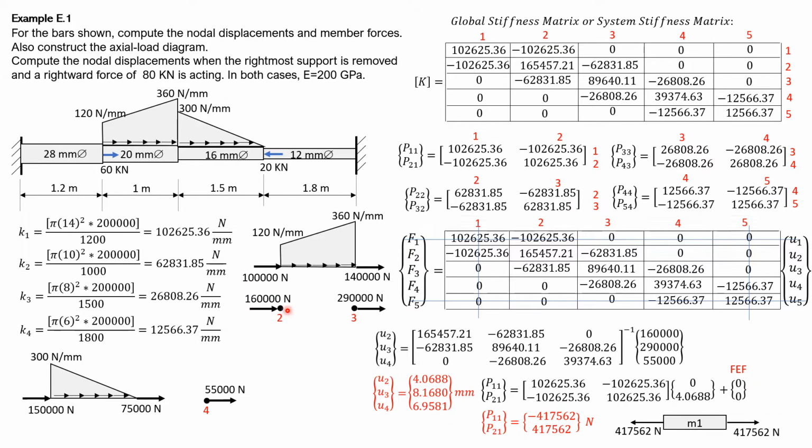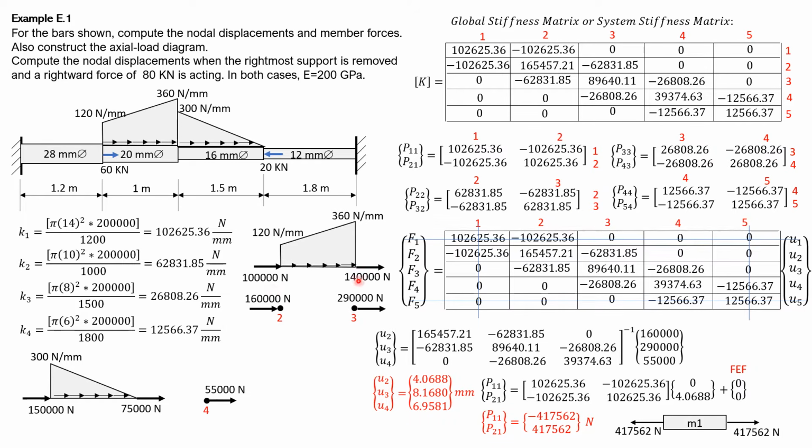Next is to compute the net nodal forces. So let's begin with node 2. At node 2, this is the equivalent nodal force for the loading, 100,000, but because there is already 60,000 at node 2, which is also rightward, the net nodal force at node 2 is 100,000 plus 60,000, which is 160,000 newtons.